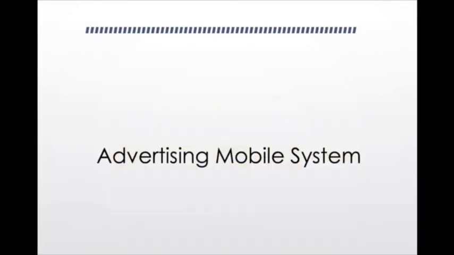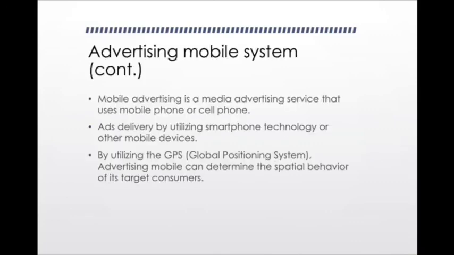And now we talk about the advertising mobile system. Advertising mobile system has four points. The first is that mobile advertising is a media advertising service that uses mobile phone or cell phone. The second is ad delivery by utilizing smartphone technology other than mobile device.